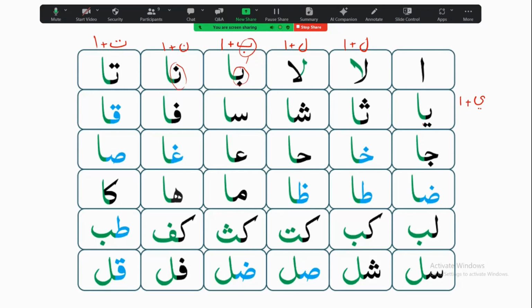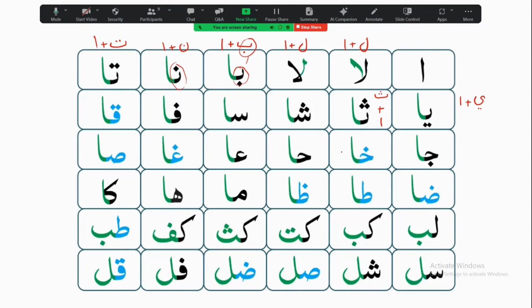I said that you are not supposed to confuse the dots, because the Ta letter has 2 dots above, while for the Ya letter the dots are below it. So Ya, Alif, Ya. The next letter here is the Sa letter, and Sa and Alif, Sa. How do we articulate this Sa?